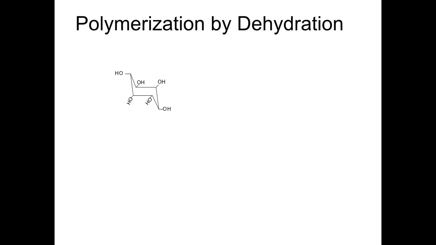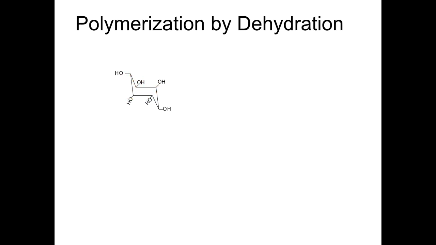One of the cool things about polymerization, I'm going to show you an example here. So what you're seeing here is a glucose molecule. Glucose is a 6-carbon sugar, and it's in this ring structure that's got kind of bendy ends like this, right? So this is glucose. Each of these junctions here is a carbon.